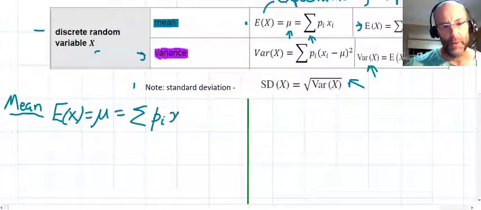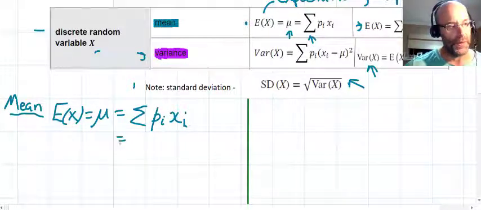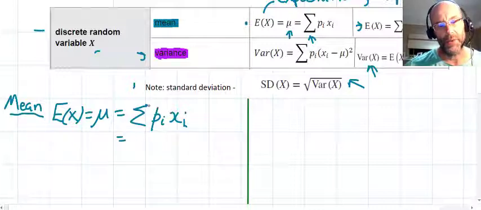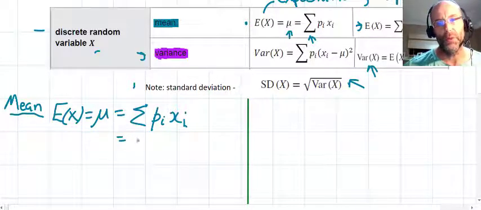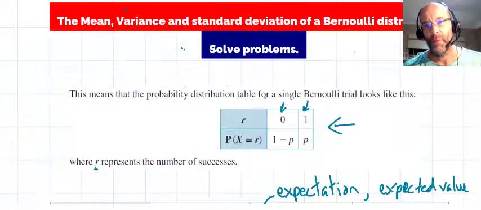We write it down, and then we sub in what we've got. Now what that means is the sum of all p times x for corresponding values. We've only got two entities to sum together, if you remember the table, these two.